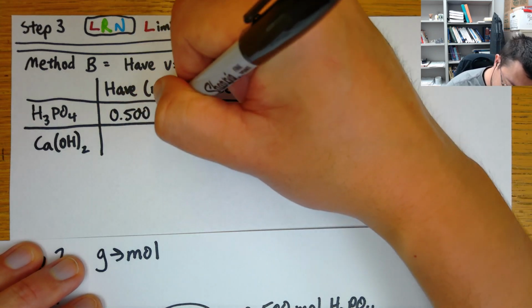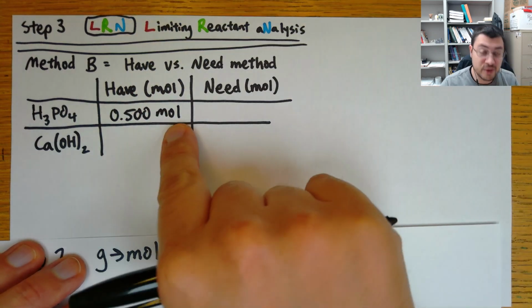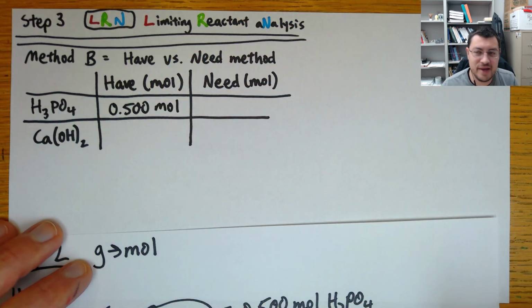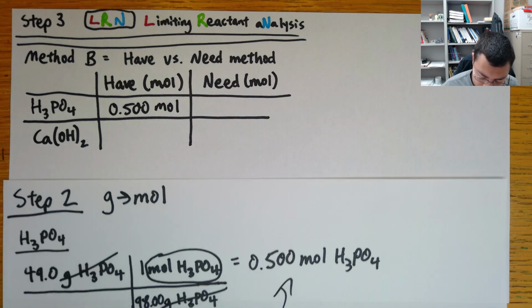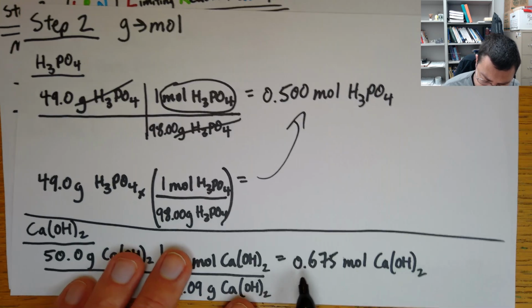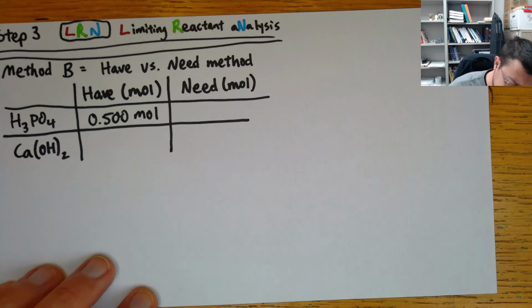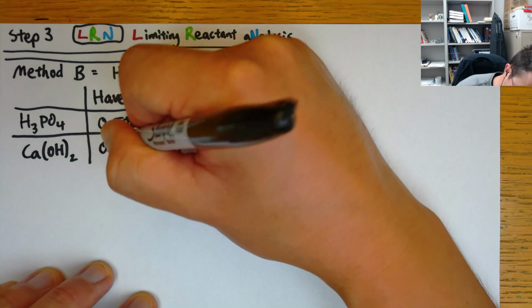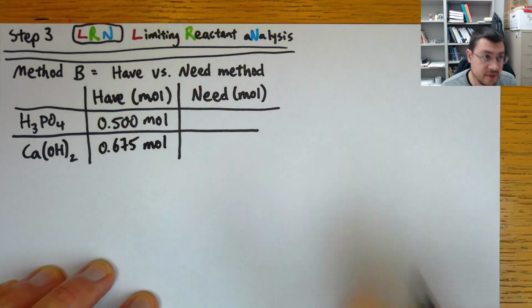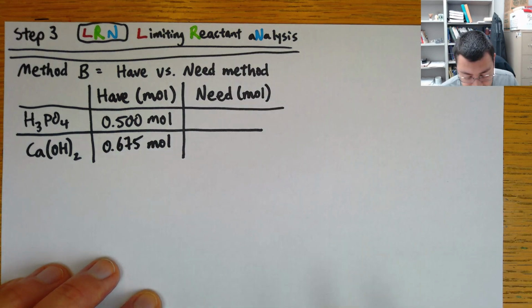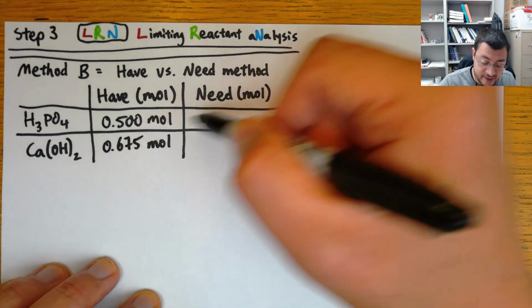I know it's not quote-unquote professional to put your units if you already labeled it in the table, but sometimes it helps my psychology, so I don't care. And then we have 0.675 moles of hydroxide.